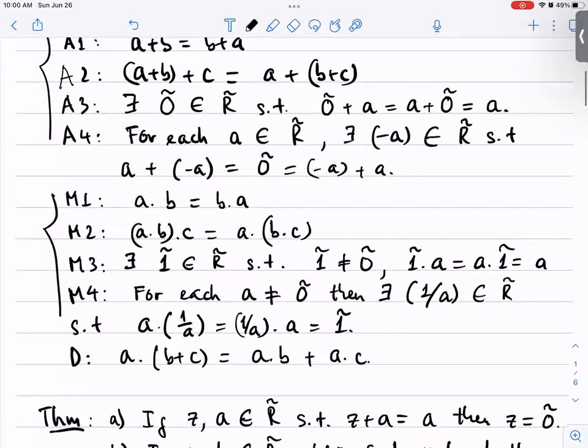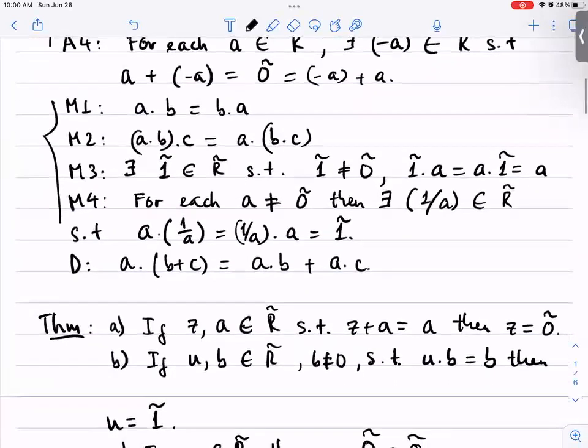And you notice that here I'm using certain symbol to denote the zero element. So think about it as not just the number zero that you are so familiar with, but a symbol satisfying these properties.